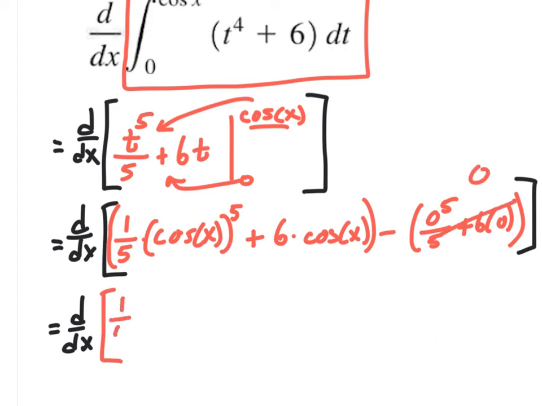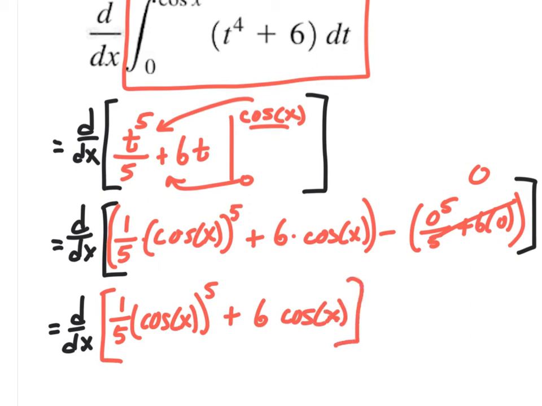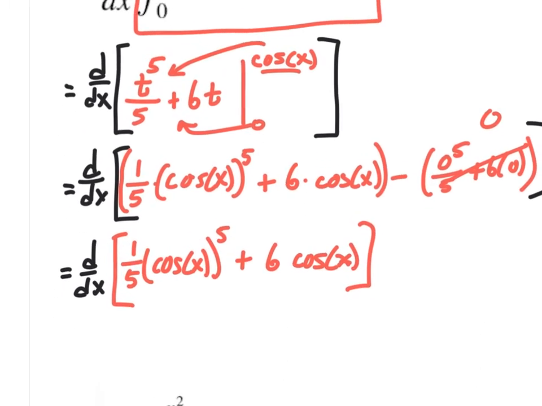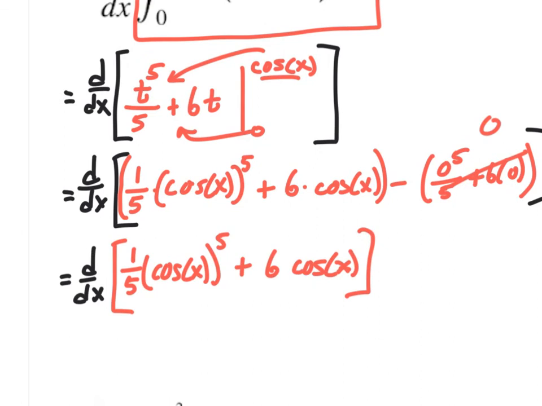But I've got 1/5 cosine of x raised to the 5th plus 6 cosine of x. If I take the derivative of this function with respect to x, I have to use the chain rule. I'm going to end up getting 5 times 1/5 times cosine of x, this whole thing raised to the 4th power.